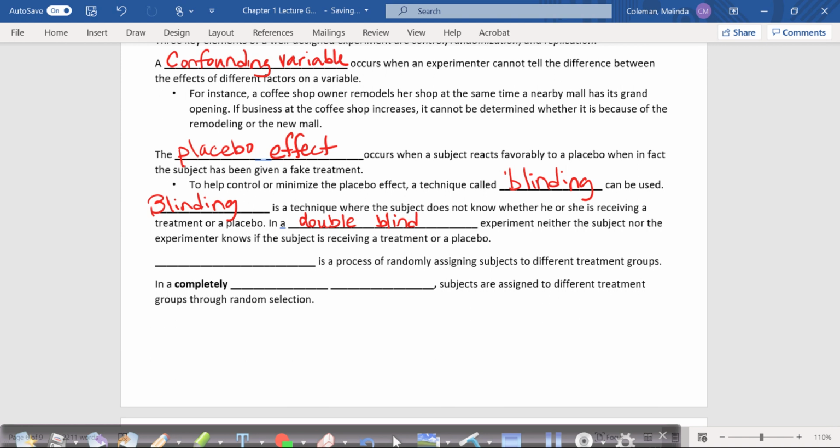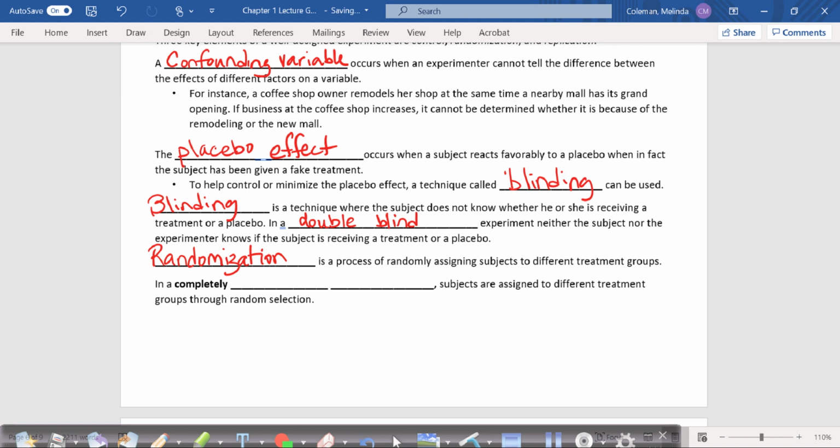And to help with this too then, we also use randomization. Randomization then is the process of, again, randomly assigning subjects to different treatment groups. So completely random whether or not you get the treatment or not.